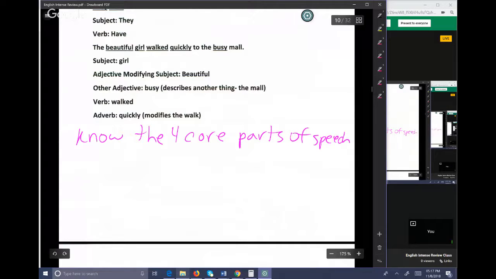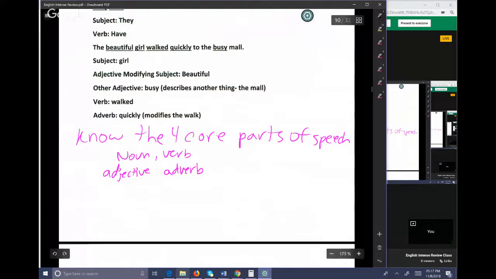So noun, verb, and then adjective, which is a descriptor that describes a noun, and adverb, which is a descriptor that describes a verb. So know your four core parts of speech and be able to identify them.